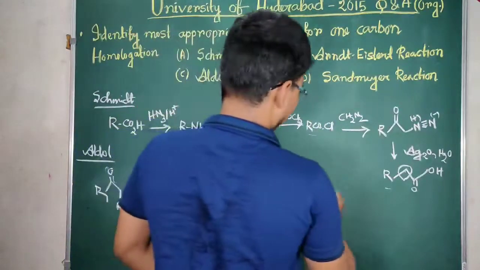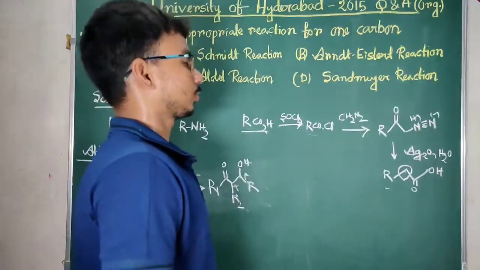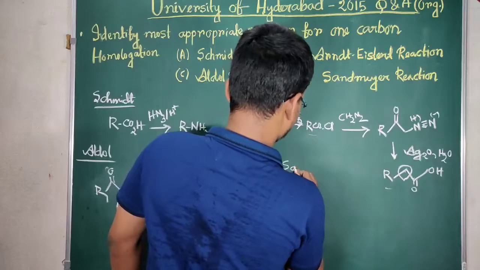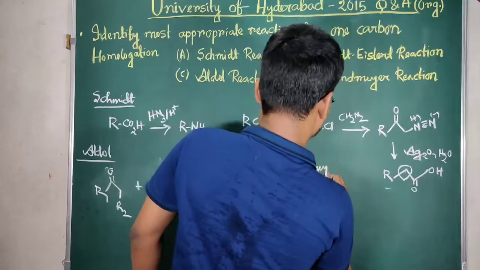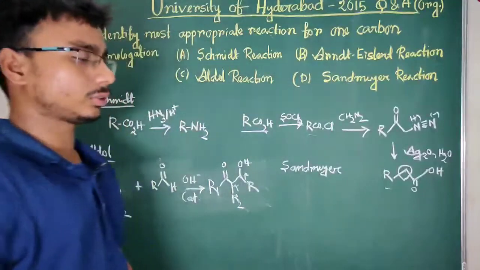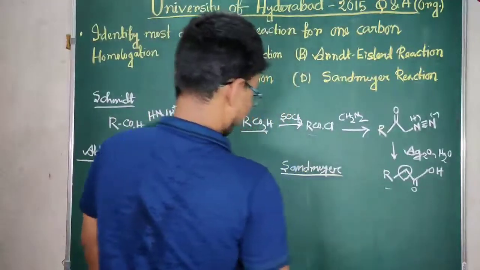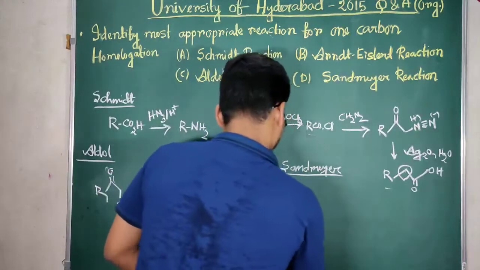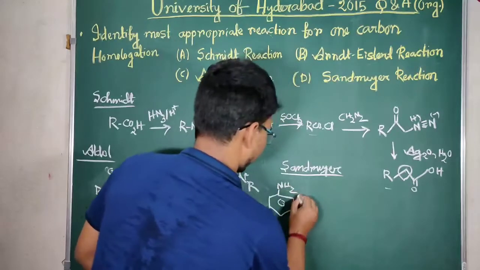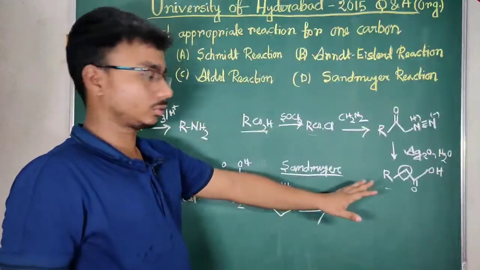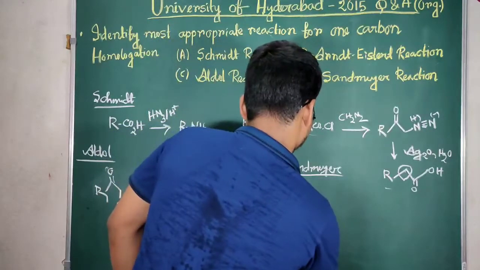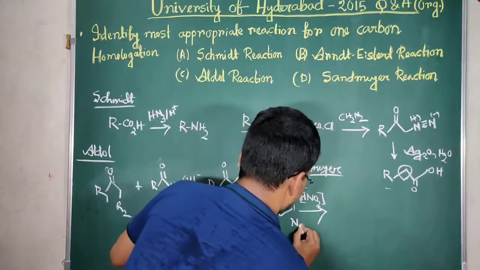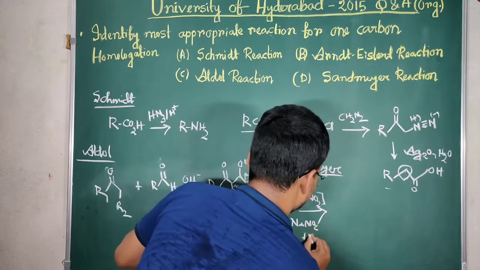The Sandmeyer reaction is a very important reaction for producing haloarenes. In the Sandmeyer reaction we can easily produce haloarene compounds. The starting material is aniline. Then we have to convert it into a diazonium salt, so we need HNO2. We don't directly get HNO2, that's why we take NaNO2 plus HCl.